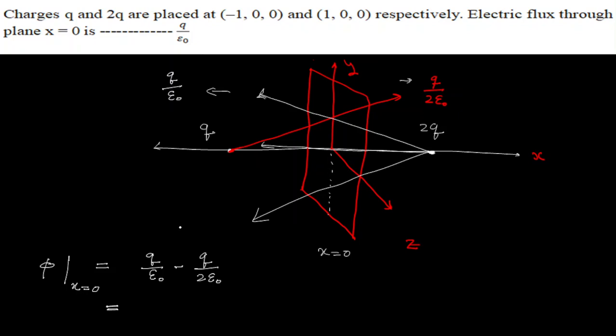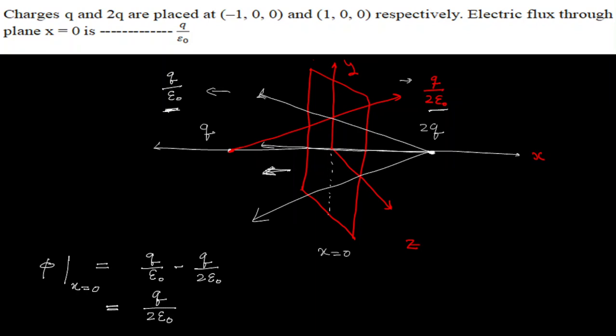In this case, the total flux will be q divided by 2 epsilon naught through this plane, and the net flux will be towards the left, because this flux is larger compared to this flux. So the net flux is q divided by 2 epsilon naught.